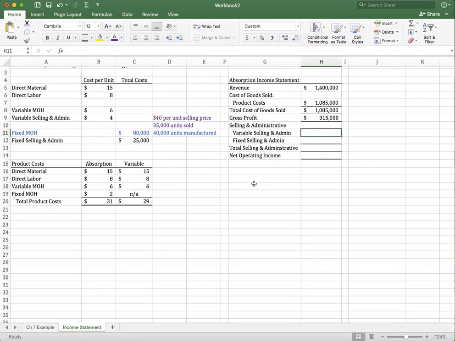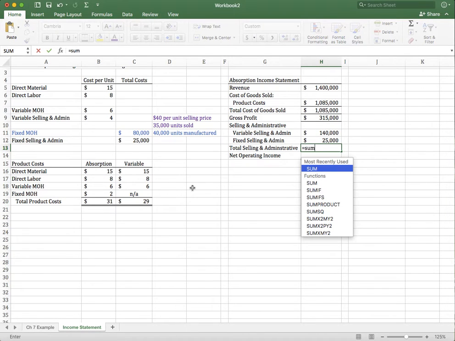We need to reduce this gross profit amount by the variable selling and administrative costs and the fixed selling and administrative costs. So the variable selling and administrative cost is $4 per unit, which was given, and we need to multiply that by 35,000 units sold. Our fixed selling and administrative was given to us as $25,000. So let's add up these two selling and administrative amounts.